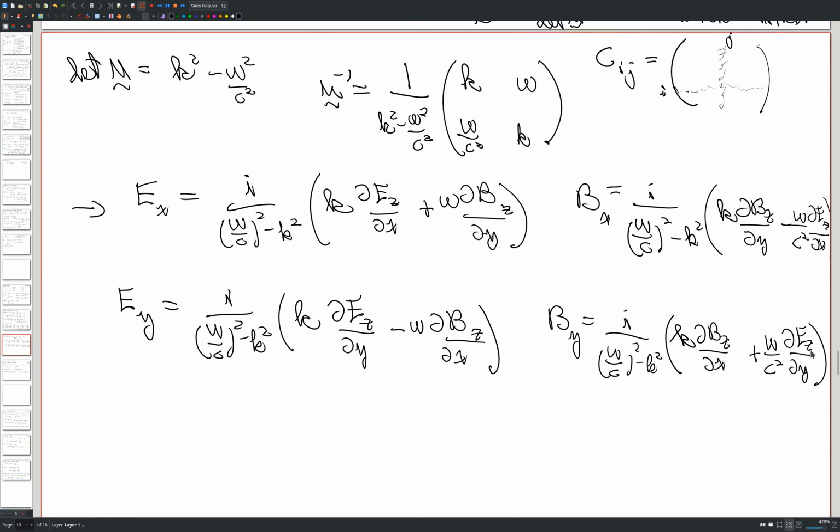However, now what we can do is we can put this back. So these equations here give us a relationship between Ex, Ey, and these derivatives here. So let's look at these two equations for Ex and Ey. We also have Gauss's law, okay?